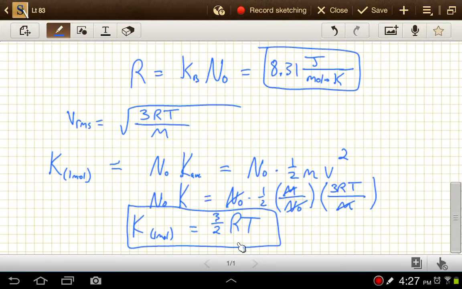This is where we get that relationship we used earlier. We kind of worked in a circular manner here, but we could rewrite this using Kb as well and get that very similar equation to what we worked with earlier. This one is for 1 mole, and the other one was for 1 particle. That's the main difference we're seeing here.